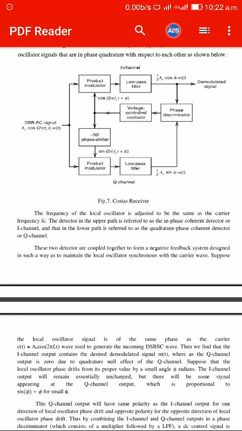That is, whatever carrier frequency we apply to the product modulator, the local oscillator frequency should be the same as that carrier frequency applied at the product modulator.